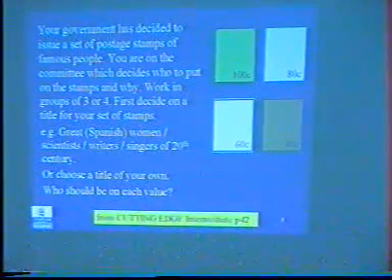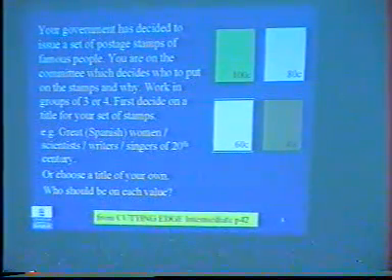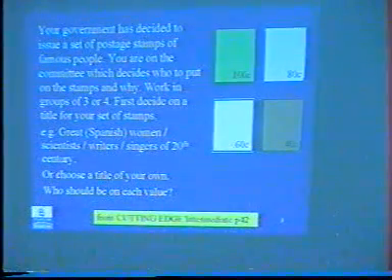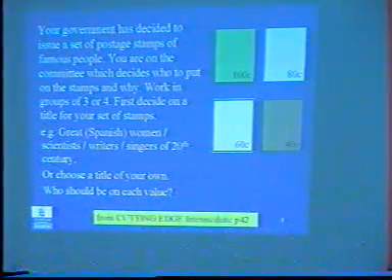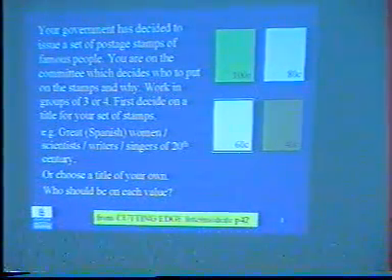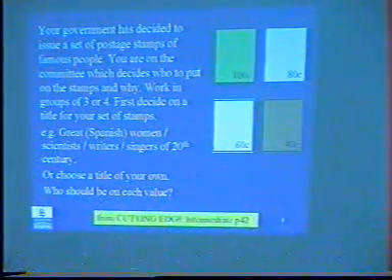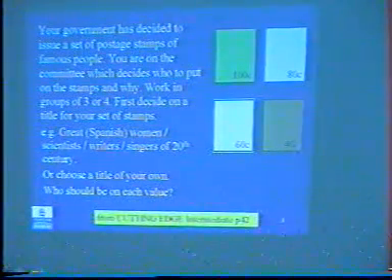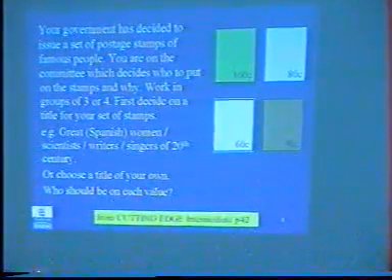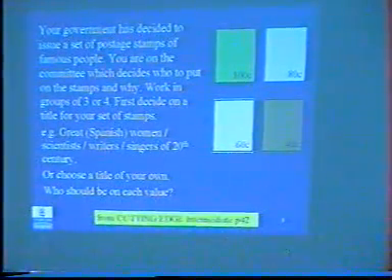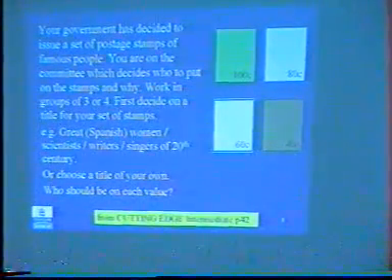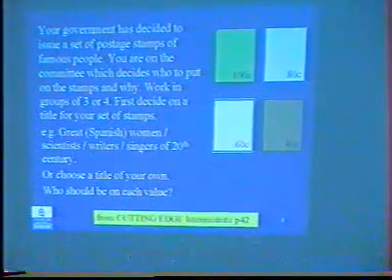Working in groups of 3 or 4. First decide on the title for your set of stamps. The title might be Great Spanish, or in this case Turkish, women, or great scientists or writers or singers of the 20th century, or choose a title of your own.